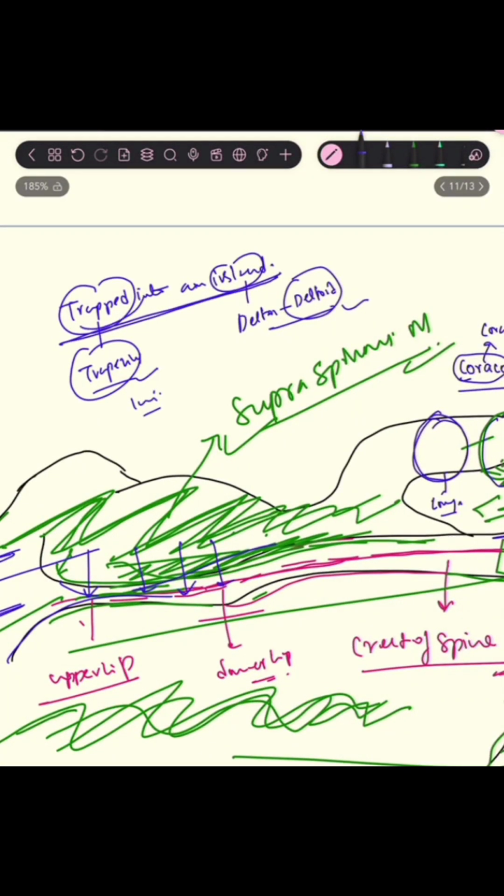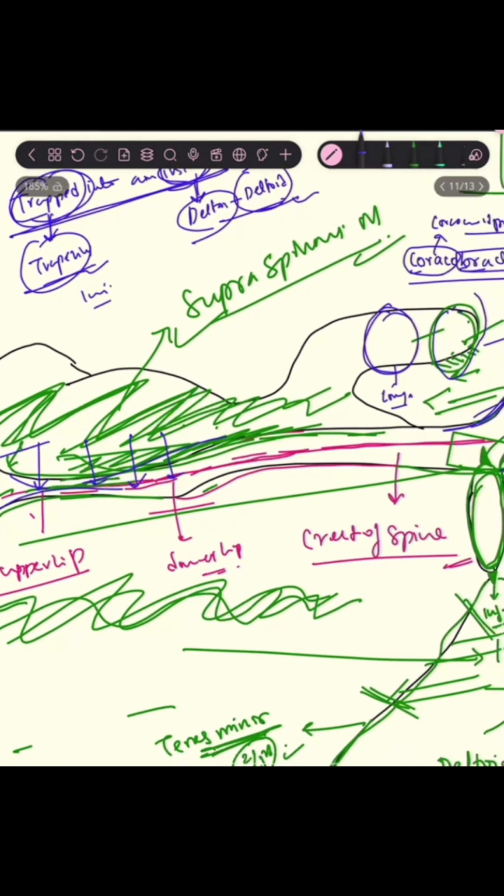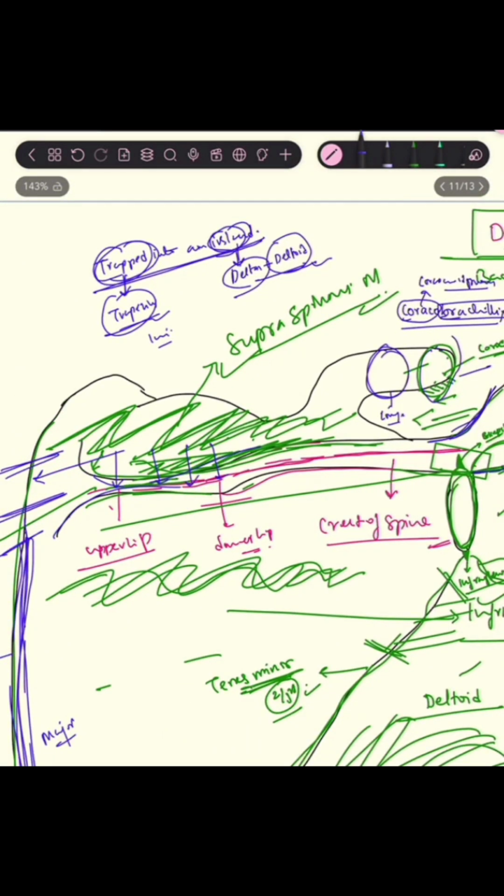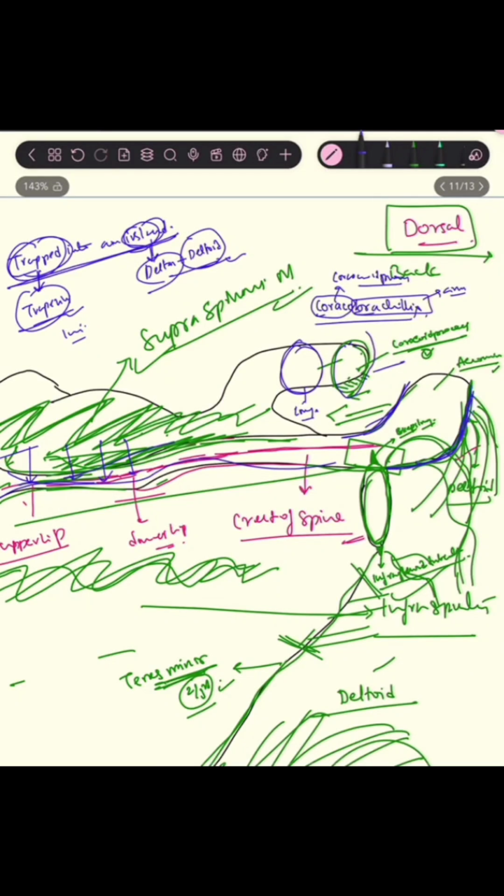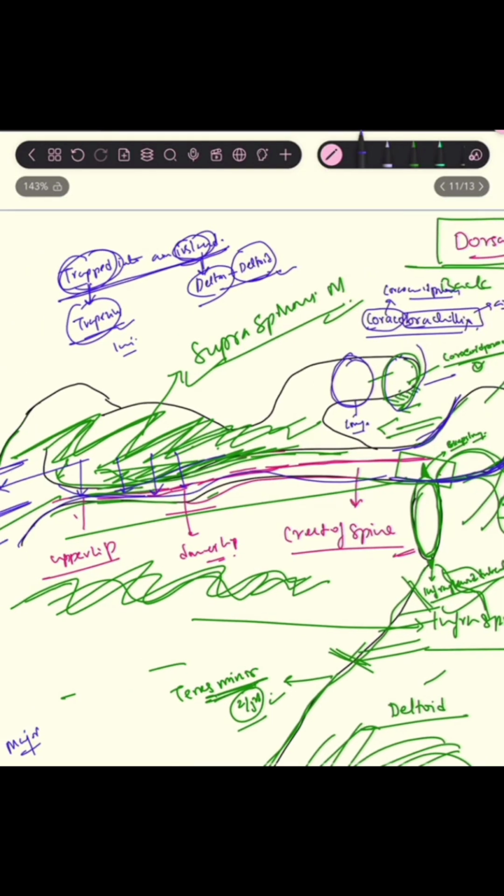Trapped is replaced by trapezius. Island is a delta, also called a deltoid. So the deltoid is taking its origin onto the crest of the spine and also the lateral border of the acromion process, and the trapezius will be taking the medial border of the acromion process and also the crest of the spine.